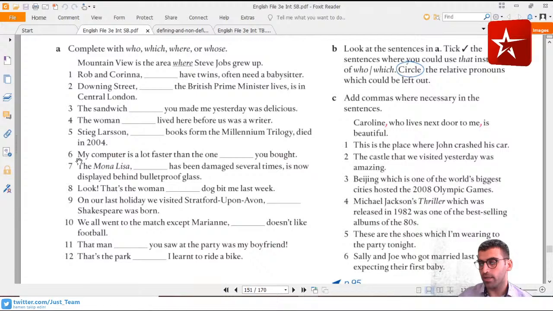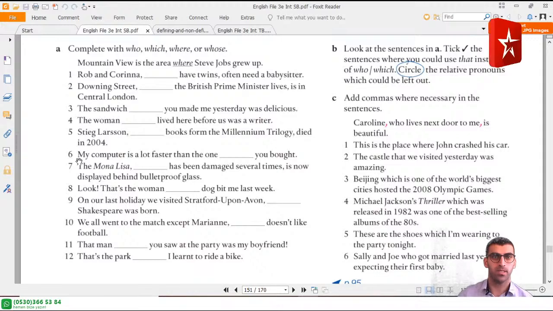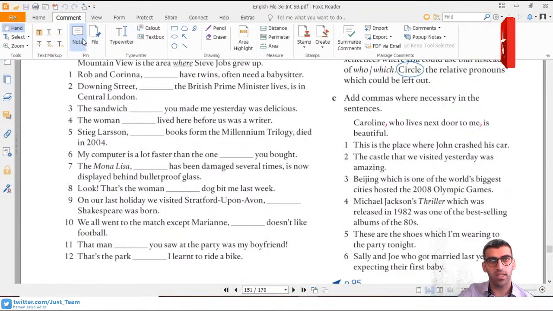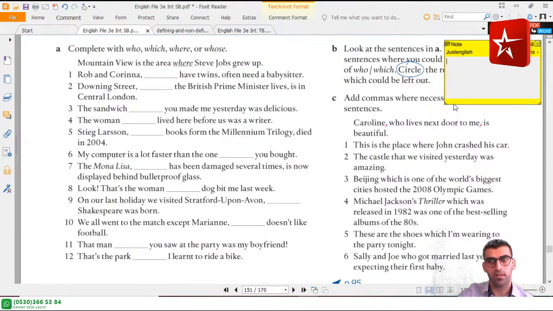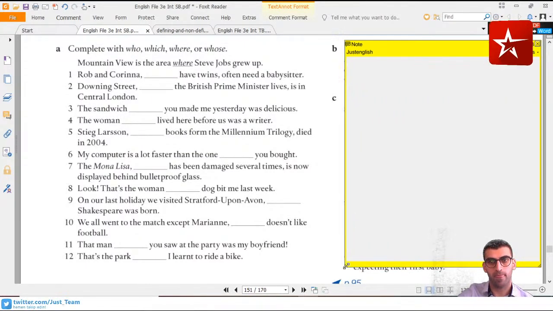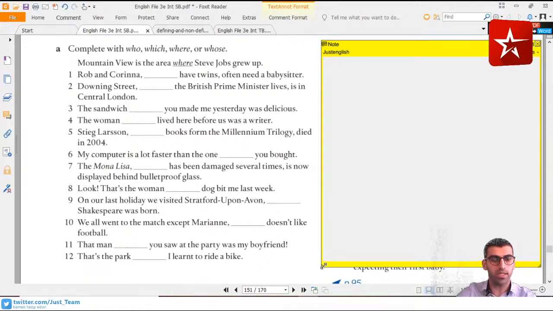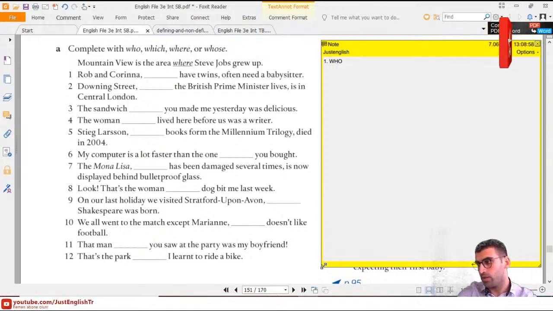Rob and Karina, we are talking about the people who have twins often need a babysitter. The correct answer for number 1 is who, because we are talking about people. So the correct answer for number 1 is who, not whose.